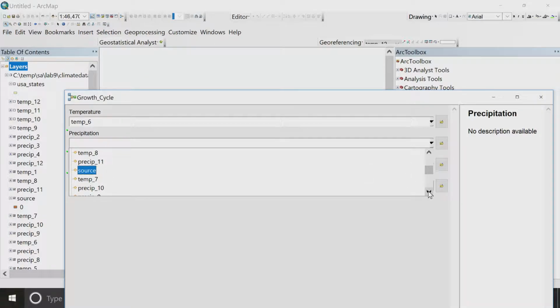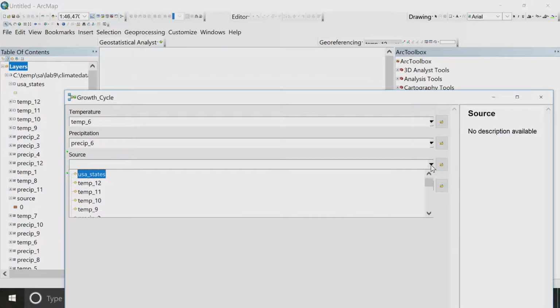I should have sorted everything, right? There it is, precip 6. And then I'm going to select as the source. I gave you all the source. You could change that if you wanted to.